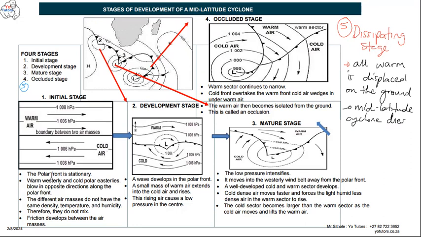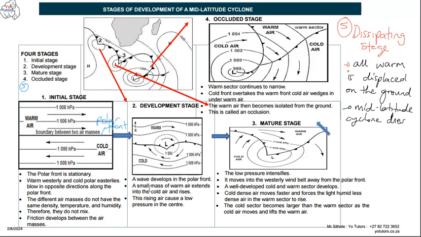So they are moving parallel to each other and not mixing. The boundary line we call the polar front. Okay, that's the line separating the cold air and warm air. So they do not mix, and now friction starts between these air masses, and we go to the developing stage.